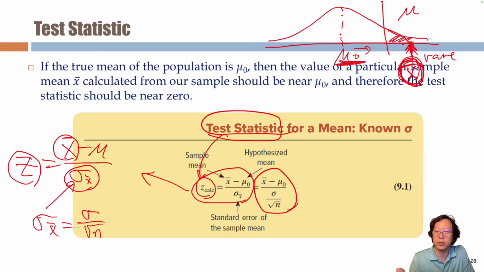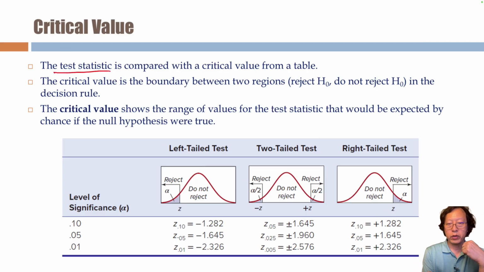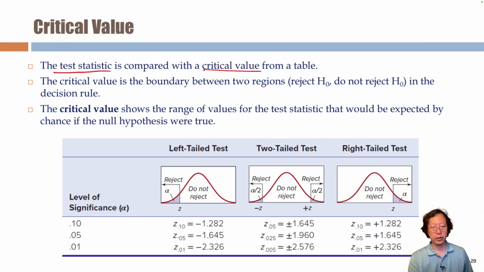That's why I got x bar here, which is a pretty rare case if we assume the null hypothesis is true. Then we can reject. But if the test statistic is within here, then maybe you got a slightly greater number by chance, so you cannot say this is strong enough evidence. So the test statistic will be compared with the critical value. Again, it can be smaller or greater, but if it's a more rare case, then we reject the null hypothesis.